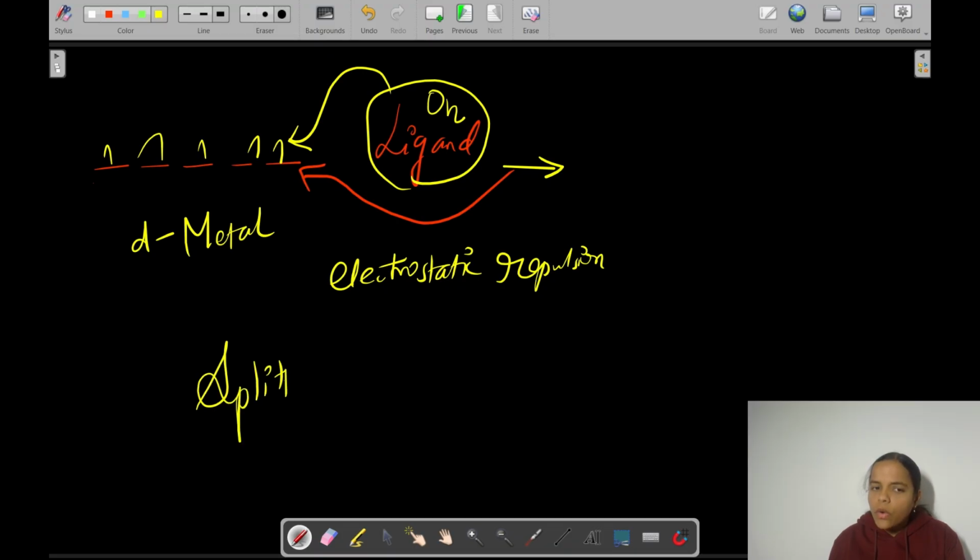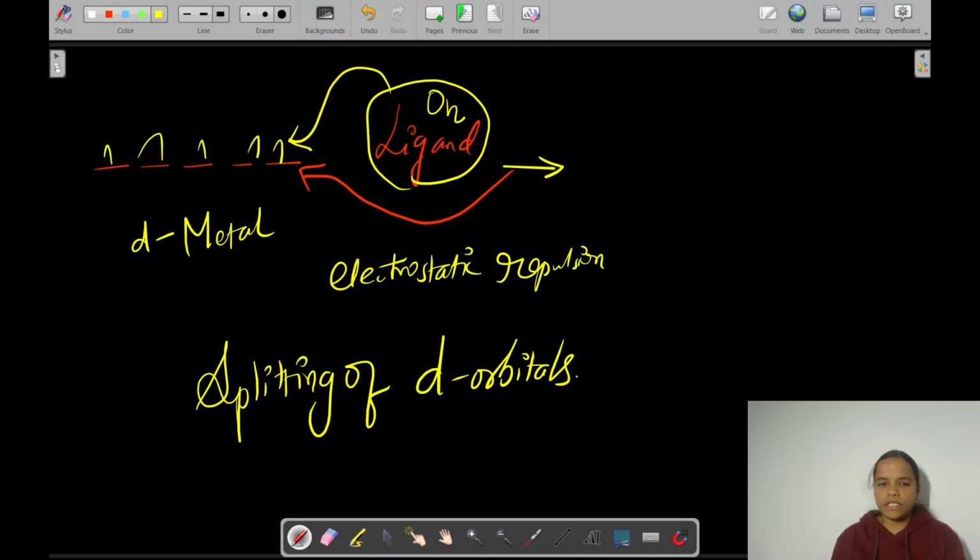This is the very core concept of CFT, the splitting of d orbitals.